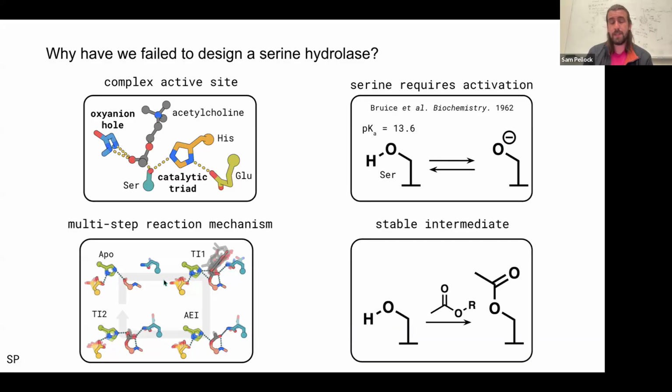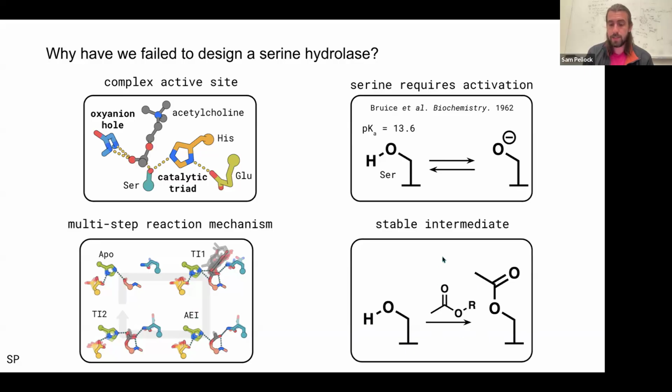The other thing is it proceeds through multiple steps. Metallohydrolases sort of have a benefit of going through a single step, whereas for serine hydrolases, you proceed through these intermediates, multiple tetrahedral intermediates and a fairly stable acyl enzyme intermediate.